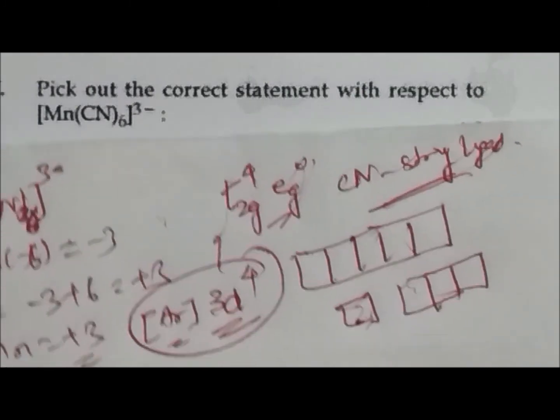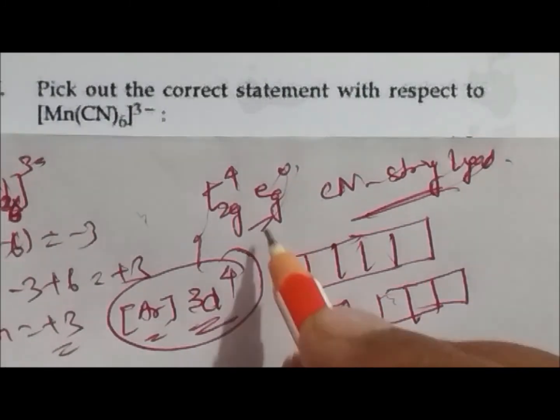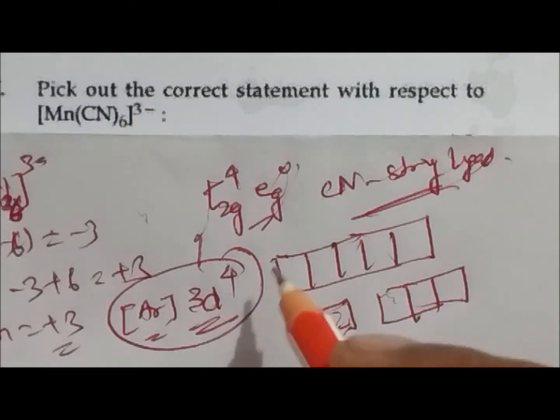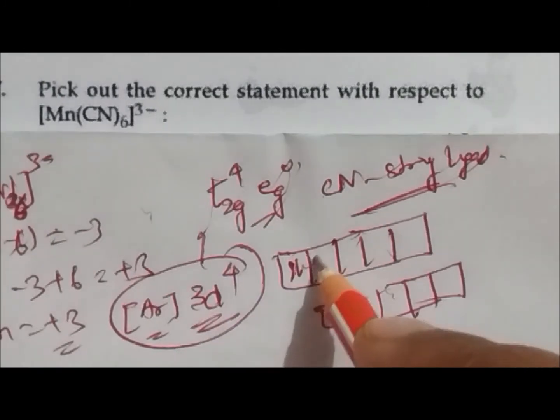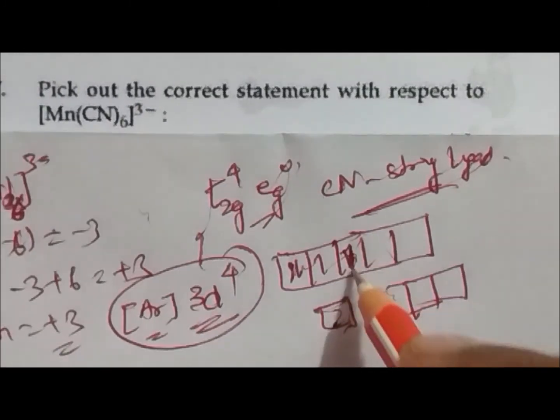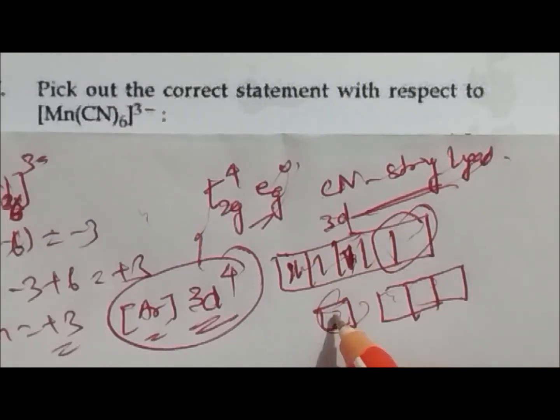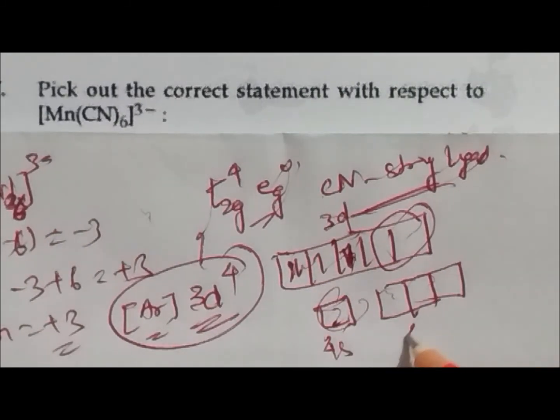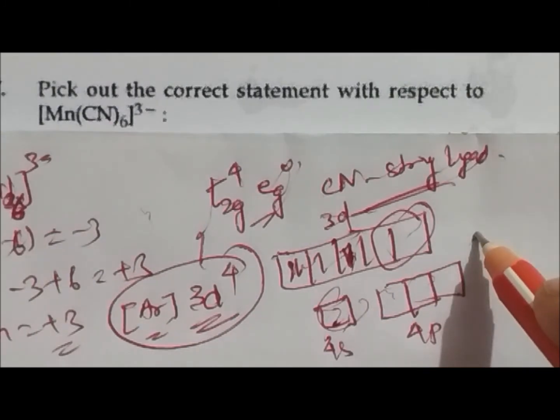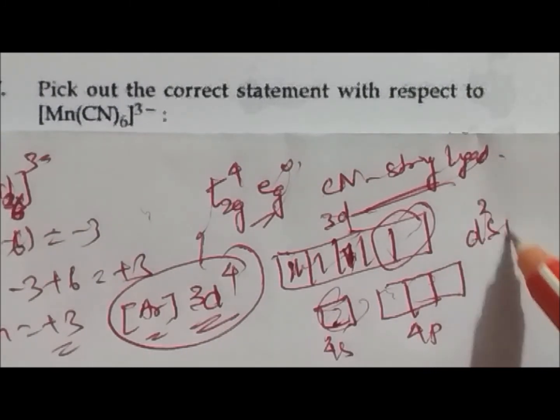So we have 4 electrons here, and these two are blank. This is your 3d, this is your 4s, and this is your 4p. So we have the hybridisation d2sp3.